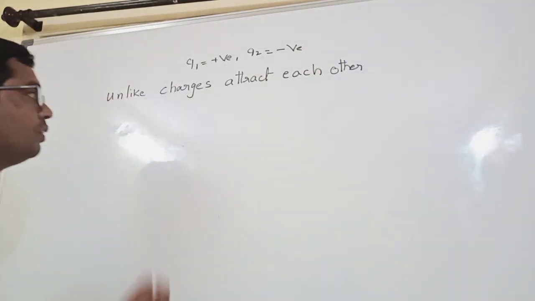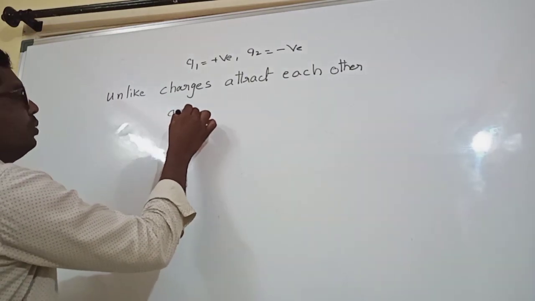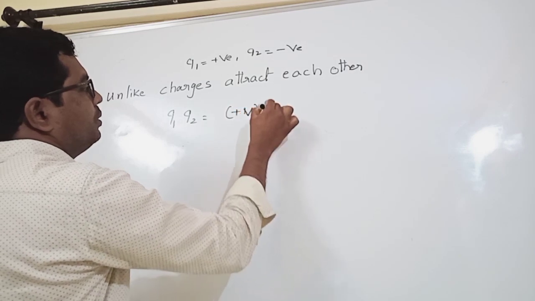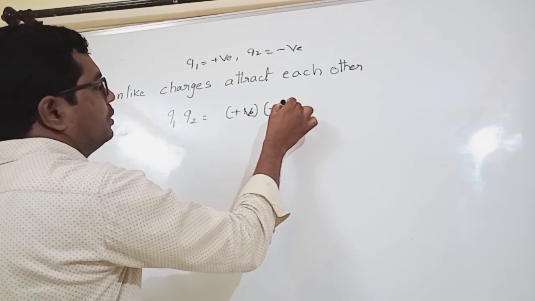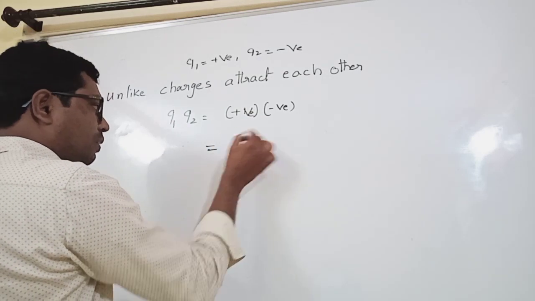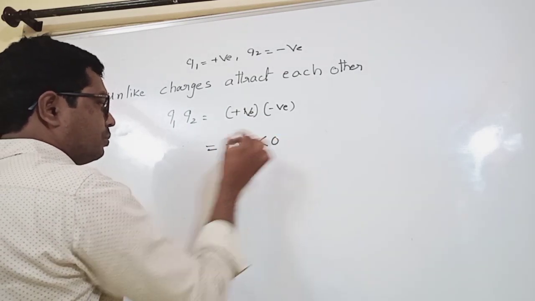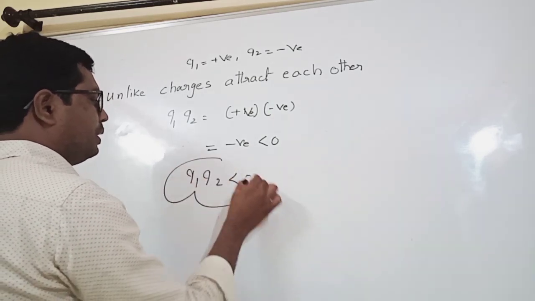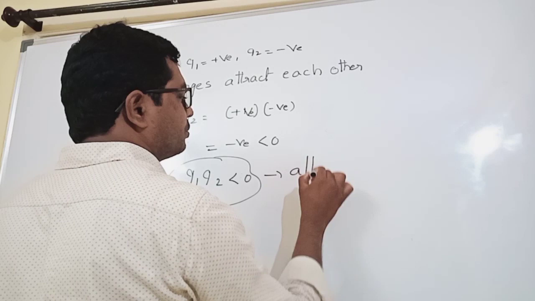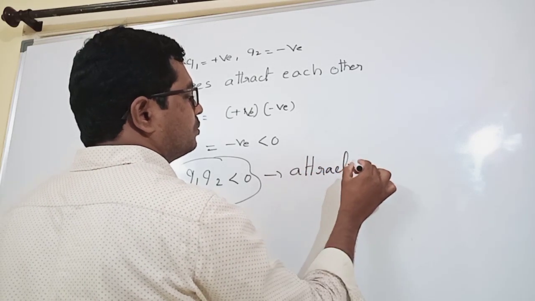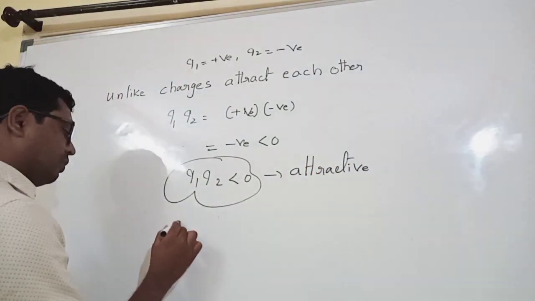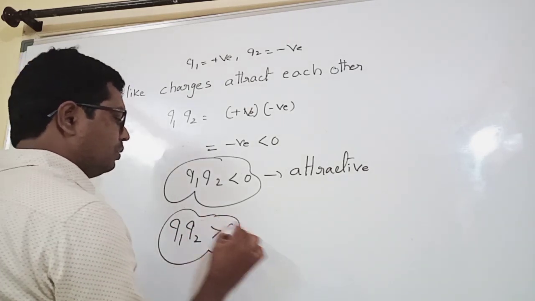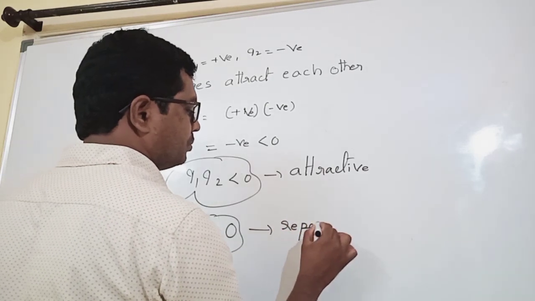So Q1 Q2, positive times negative, gives a negative value, less than 0. Q1 Q2 less than 0 indicates an attractive force. If Q1 Q2 is greater than 0, it is a repulsive force.